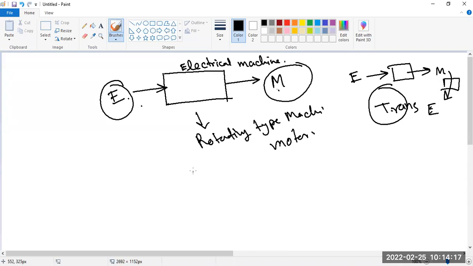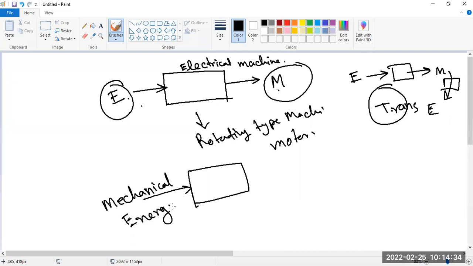And if we reverse it, if we apply some mechanical energy and convert it into electrical energy, then what is this called?